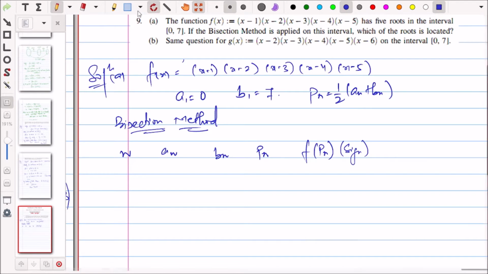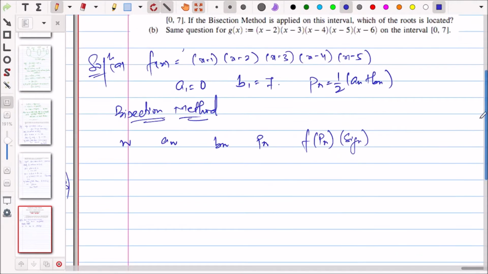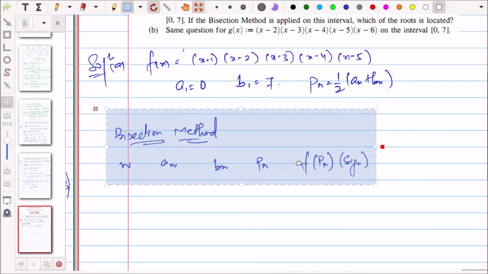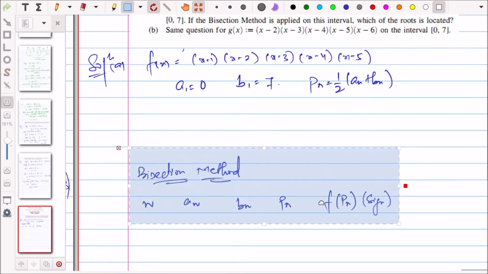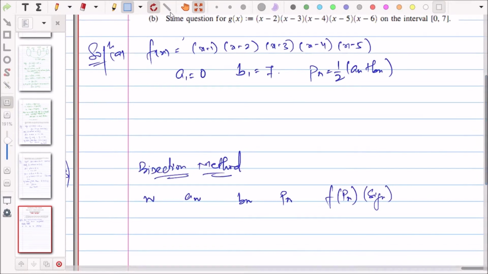Now let us represent all this on a number line so that we can verify the sign at any point. Let me draw the number line on which I will represent these points.